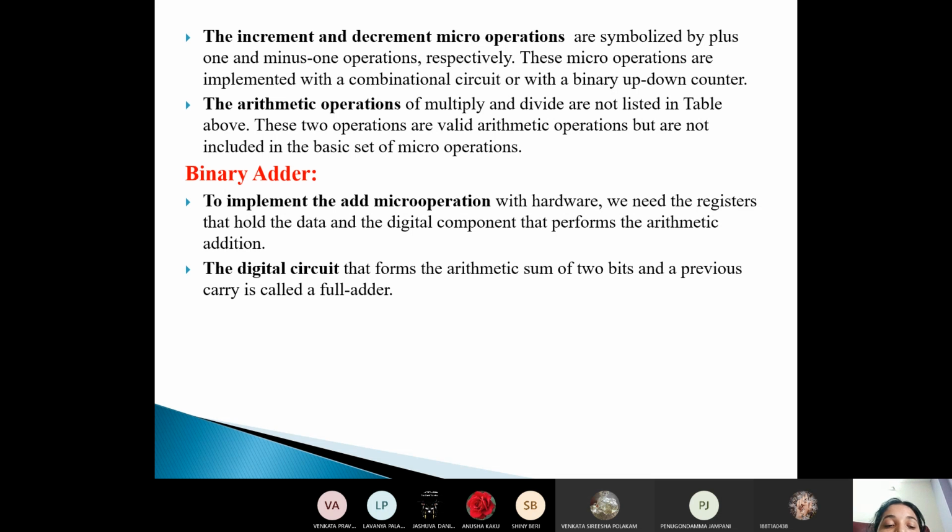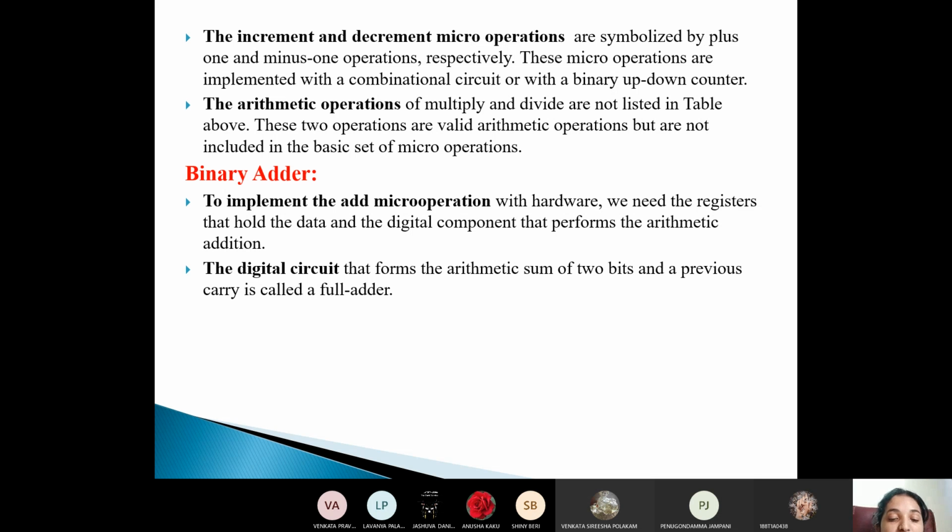The digital circuit that forms the arithmetic sum of two bits and the previous carry is called a full adder. The digital circuit that generates the arithmetic sum of two binary numbers of any length is called a binary adder. The binary adder is constructed with full adders cascaded to each other.